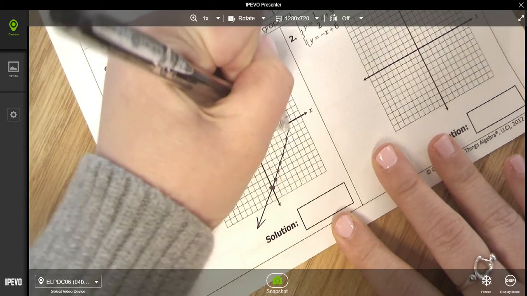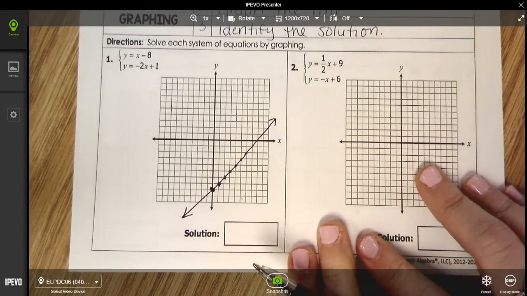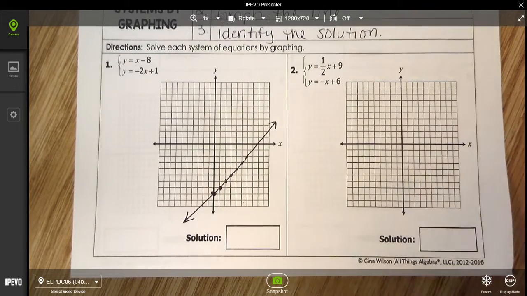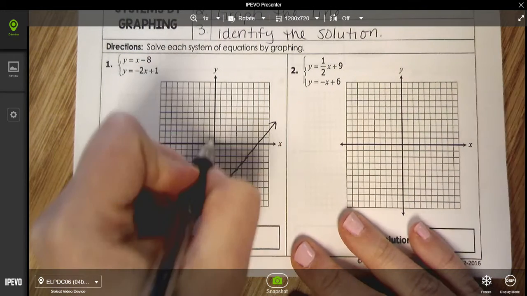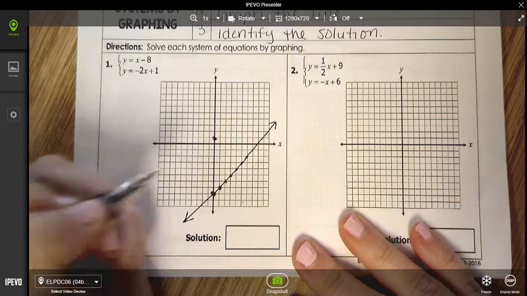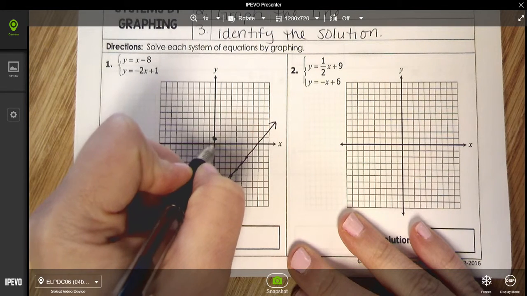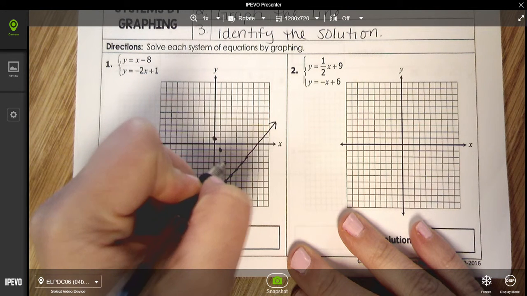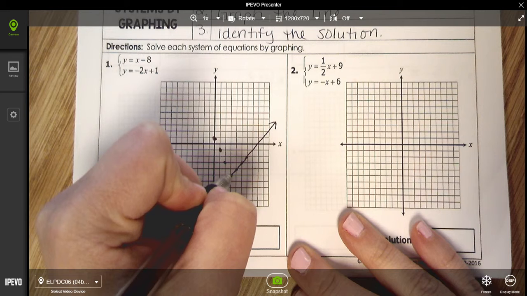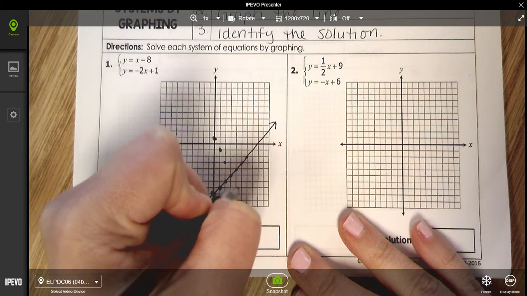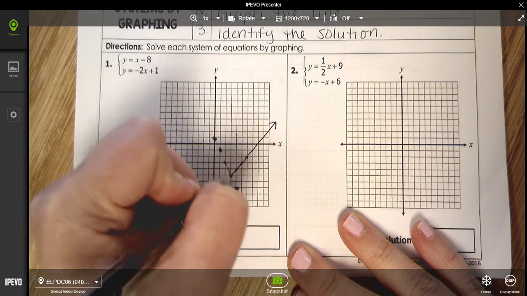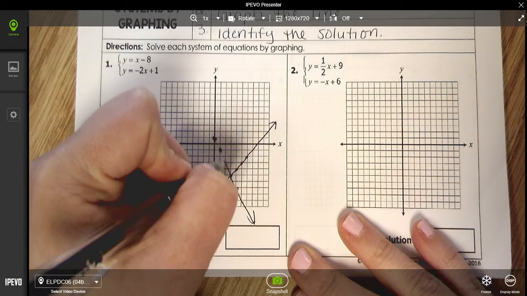I'm doing this without a ruler, so your line might be a little better than mine. Then the second is y equals negative 2x plus 1. So we start with the 1, we go up 1, put a point, and then your slope is negative 2 over 1. So that means we go down 2 to the right 1, down 2 to the right 1, down 2 to the right 1, and then connect those points.